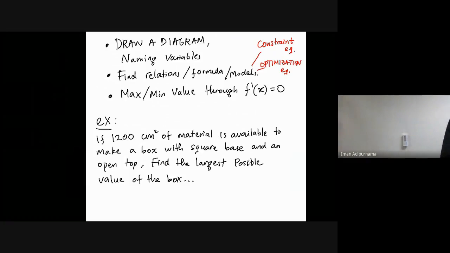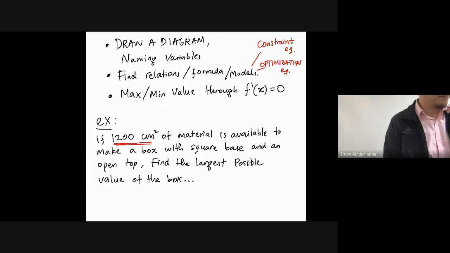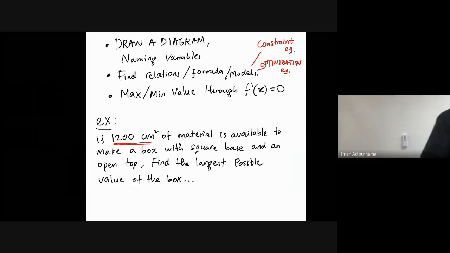So you have, first, the area, 1,200. And then you want to make a box with a squared base. So you have a box. The base is squared, but without any top.